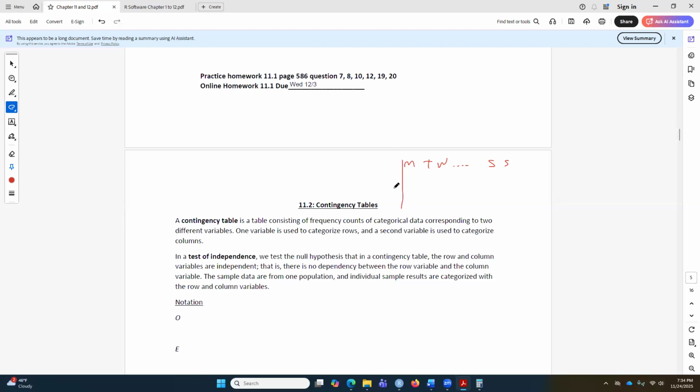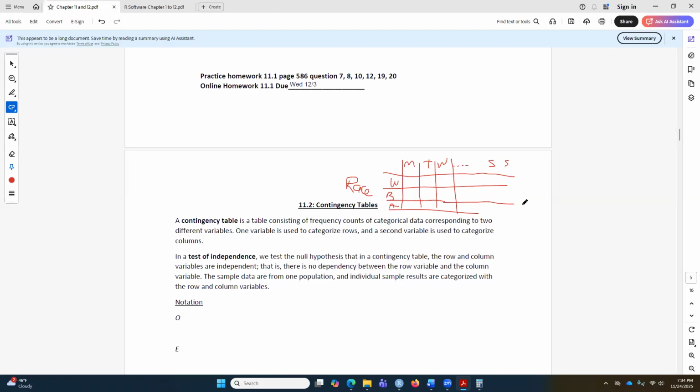When you have a contingency table, you will have 2 categorical variables. One is the days, and one is, let's say, the race. So now you have white, black, Asian, and all these races, and you get a more detailed table.